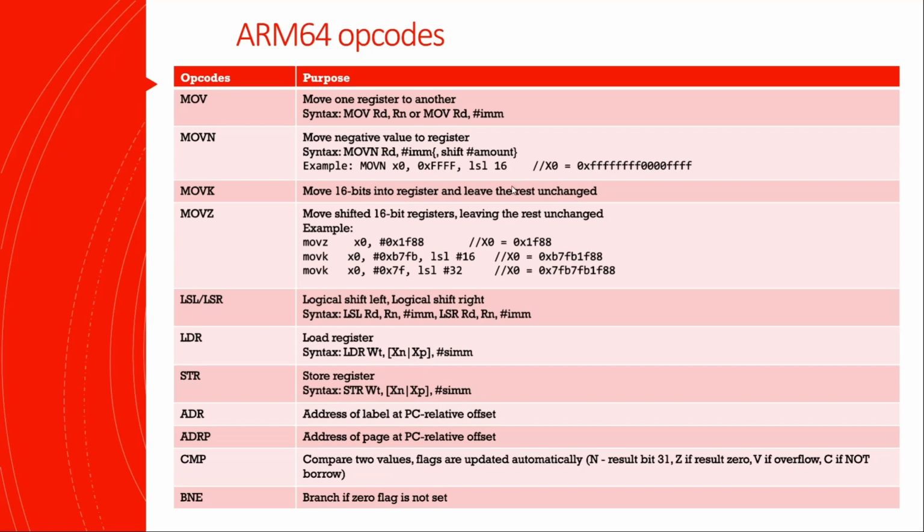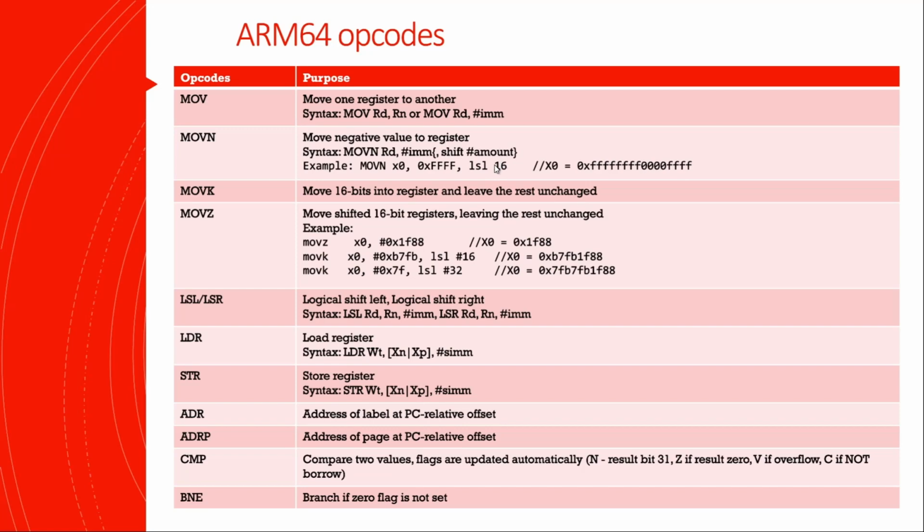So basically, first of all, we will take the first 2 bytes of this value, which is 0xFFFF, and we will perform a left shift by 16.